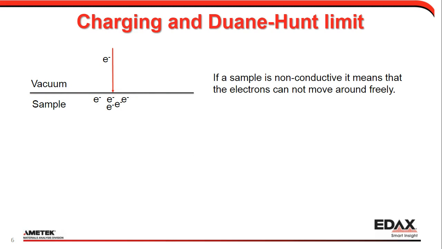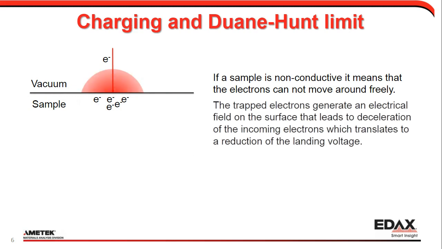If you have charged particles, you will have a field. So we have negative particles stuck inside the sample, meaning we get a negative electrical field. And we have a negative particle we're trying to put through this negative field, which means it will basically be retarded. You lose energy and you reduce the landing voltage that the electron hits the sample with.